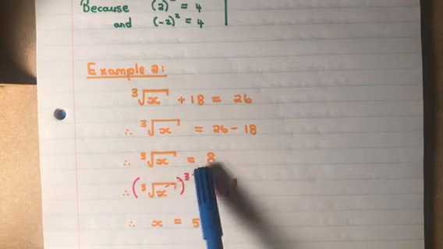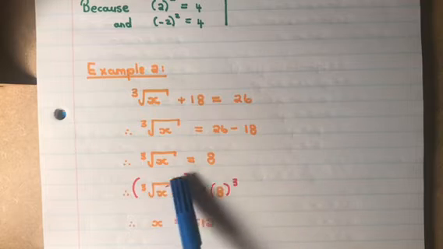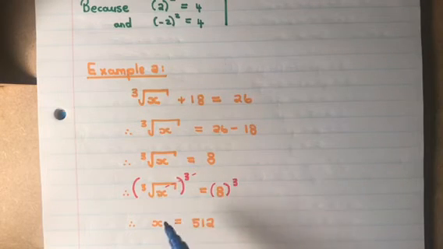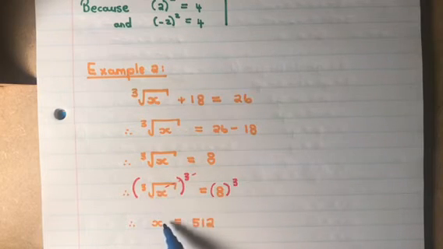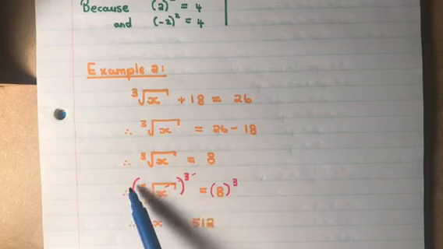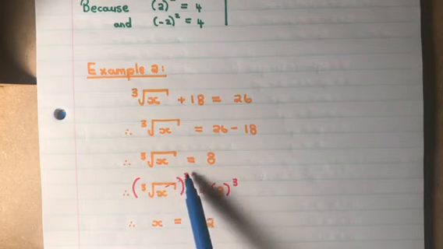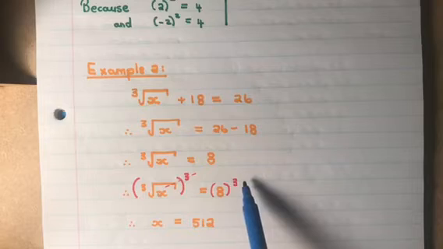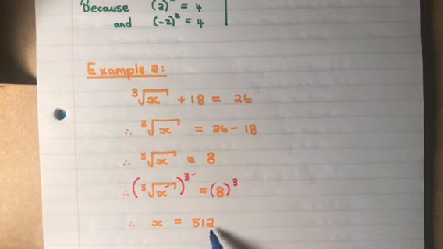By doing that, those will cancel out, and you are left with the x inside. But remember, in red, what you did on the one side, you must do on the other side. And 8 to the power 3 gives you 512.